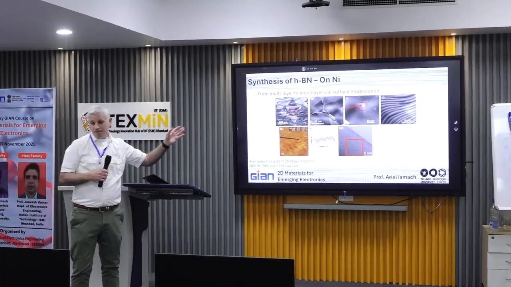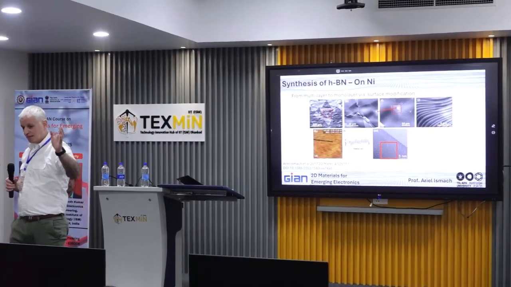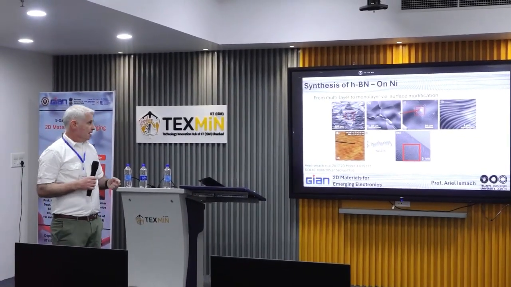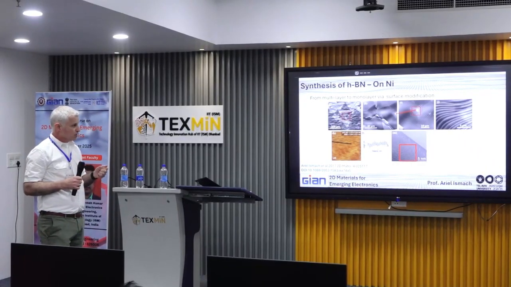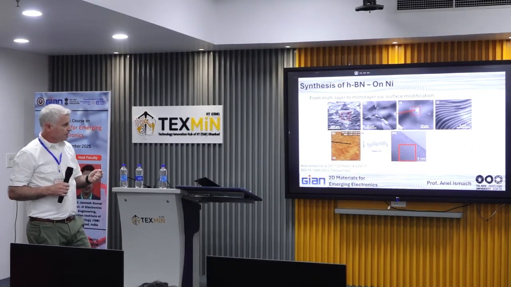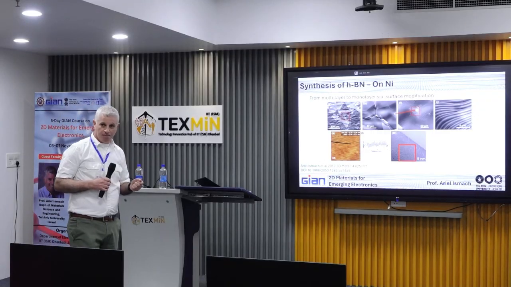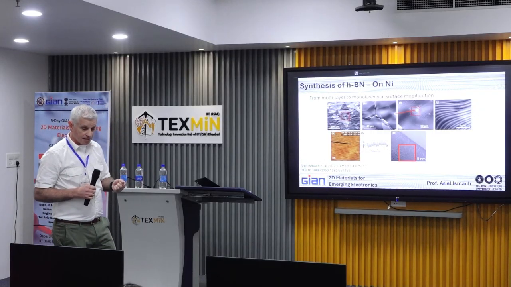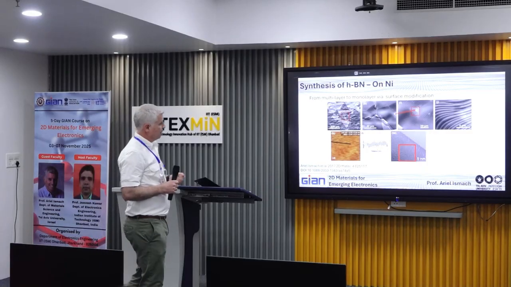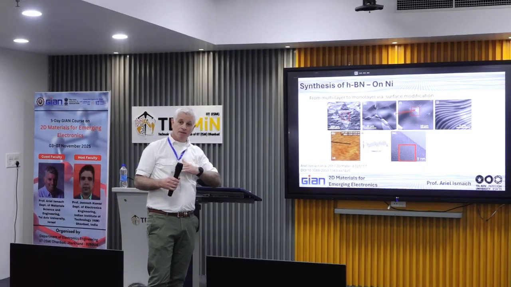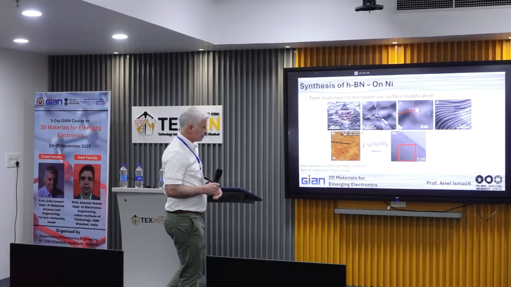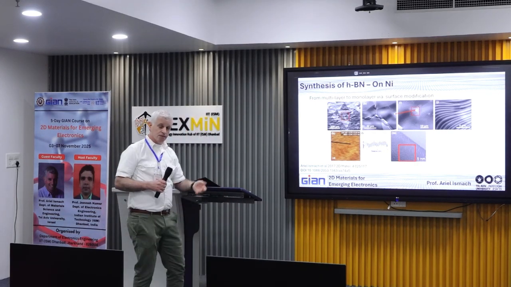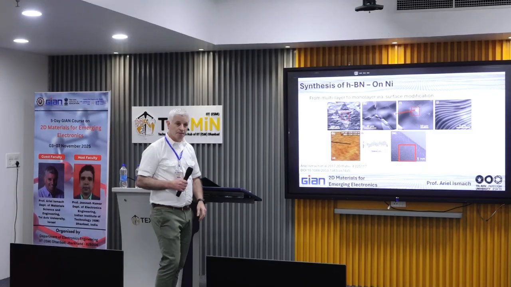So I'm not sure that this is important for technological applications, but it is a very nice scientific lesson in which we show that by controlling the process, controlling the chemistry of the surfaces, we can switch between different growth mechanisms. Like in this case, from dissolution and segregation to a surface-mediated growth.